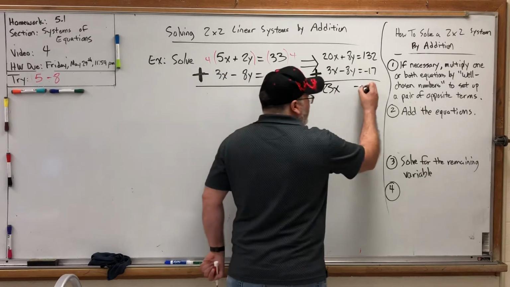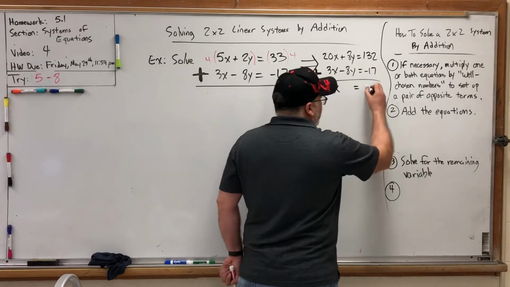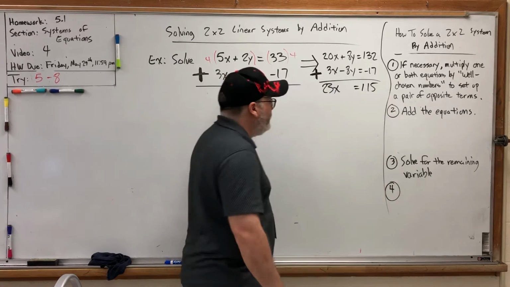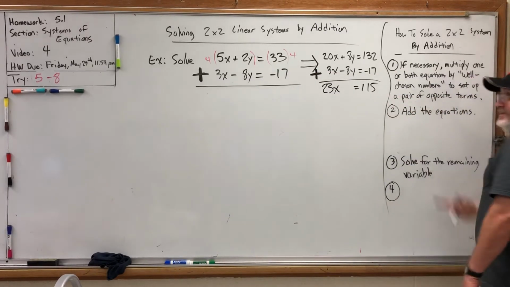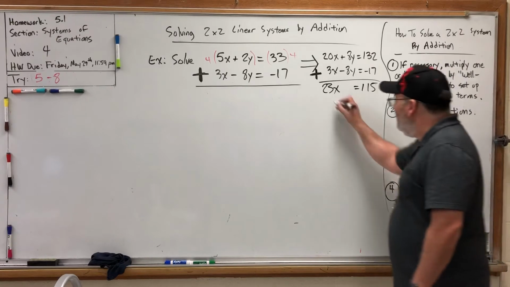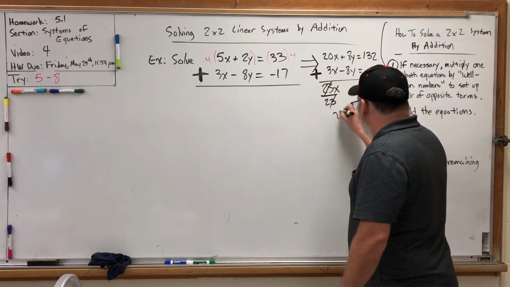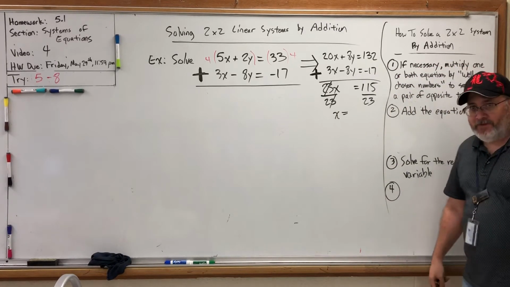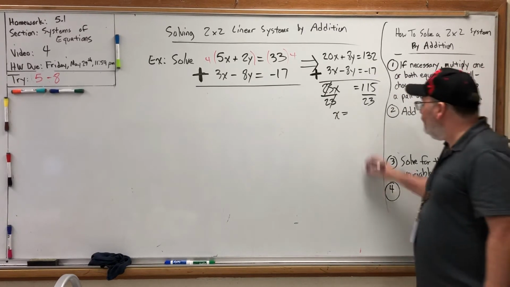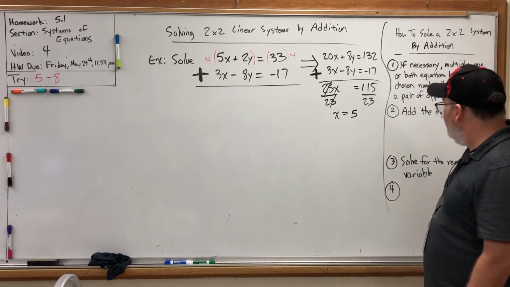And on the right side of the equal sign, 132 minus 17, it looks like it's 115. Let me double check that. Yes. This is easy to solve. Divide by 23. Oh, dividing by 23 usually does not come out well. But guess what 115 divided by 23 is? It is exactly 5. Good, because wasn't x equal to 5 previously?